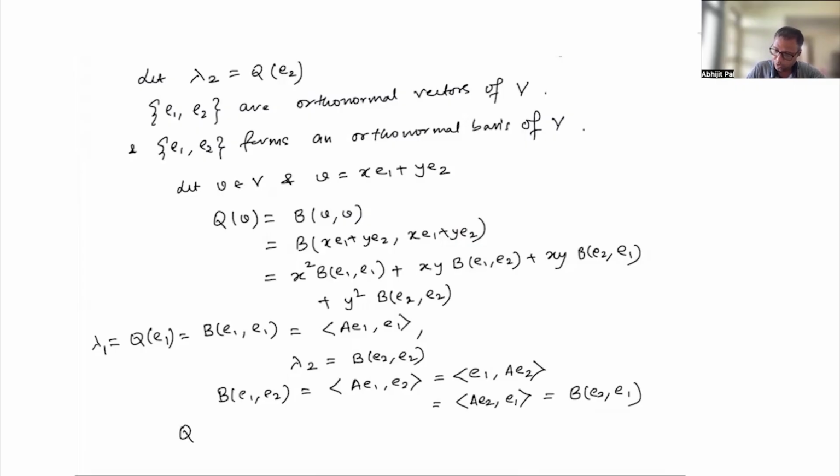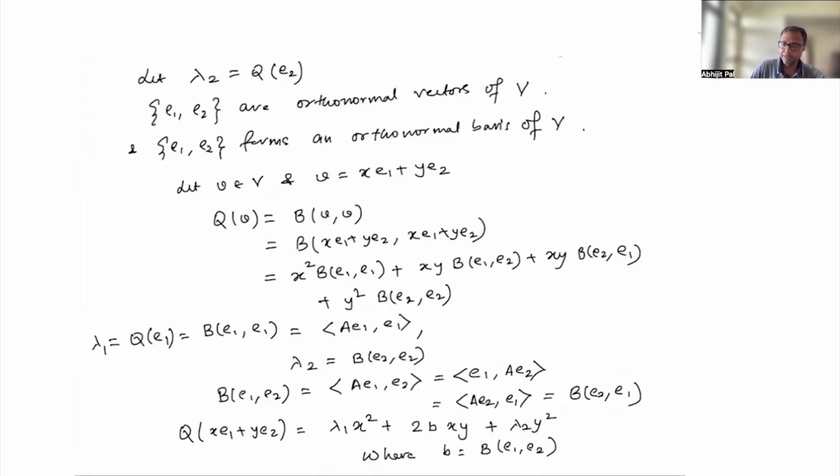Therefore, this Q of B, or if I just write down Q of xE1 plus yE2, will be equal to lambda 1 x square plus twice b xy plus lambda 2 y square, where b is equal to capital B E1 comma E2.